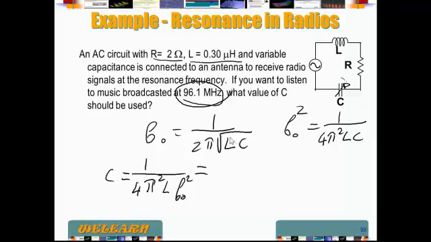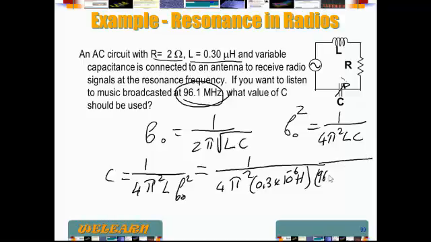And we need to plug in all the quantities that we know with the right units. So 4 pi squared, for L it's going to be 0.3 times 10 to the minus 6 henries, and for F naught it is going to be 96.1 times 10 to the 6 hertz, and that's going to be squared.